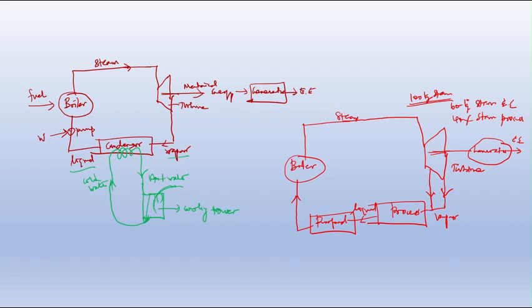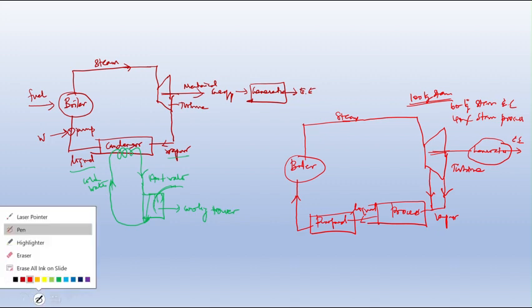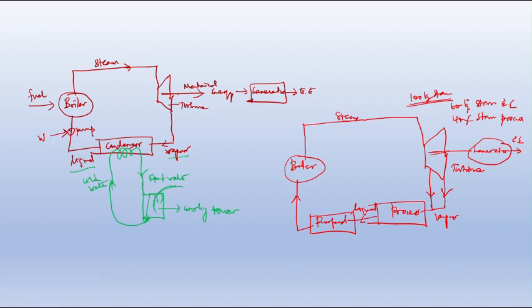During some process applications, for example if you consider a rice mill, the input is paddy. We get two outputs: one is rice, and the next is rice husk.